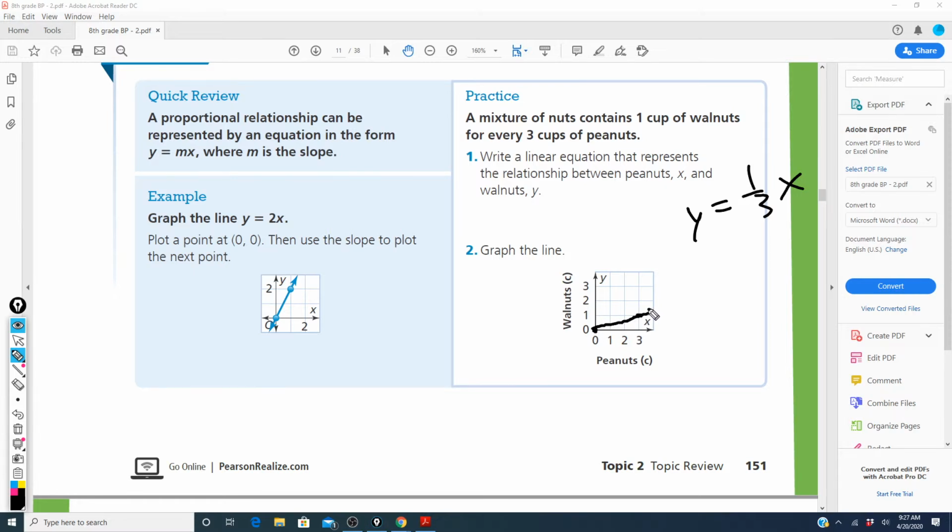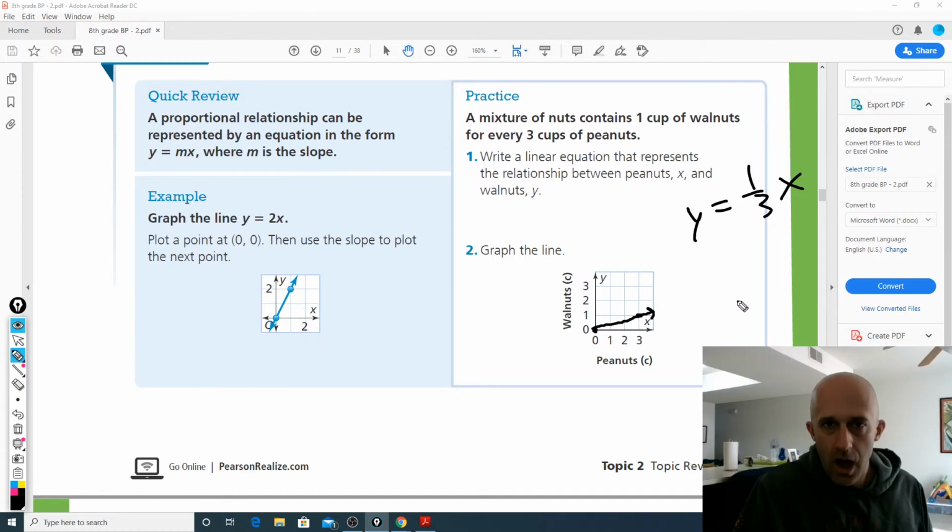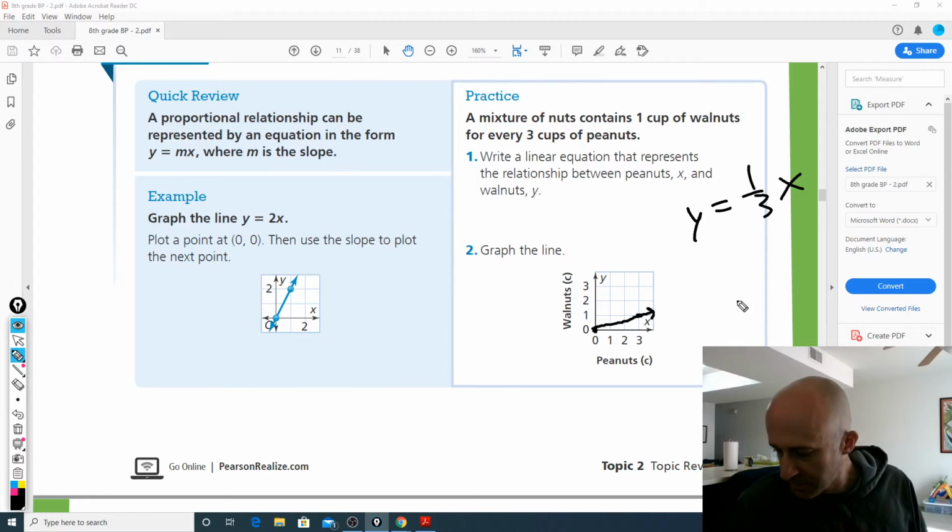And that would be your line. Again, it's supposed to start at 0 and go to 3, 1, so up 1 over 3 to show the line there. Okay, hope it makes sense.